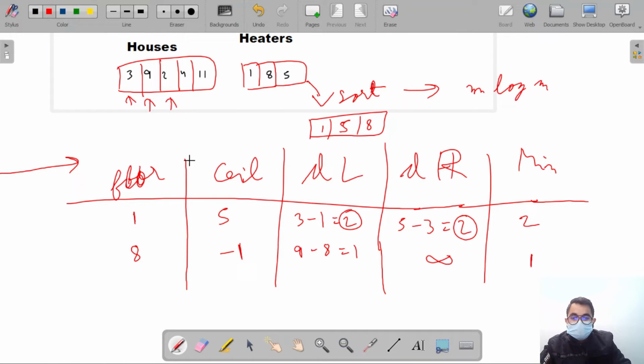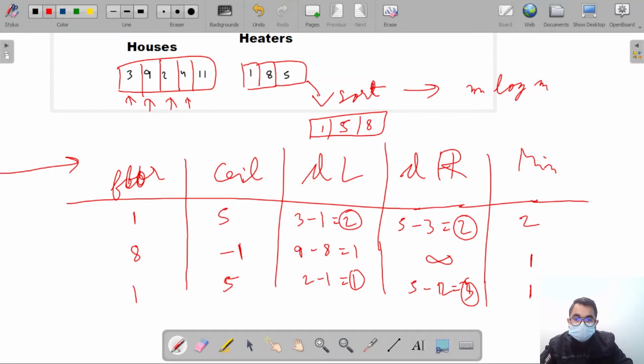Now I'm checking for house 2. Floor will be 1, ceil will be 5. The distance from the left will be 2 minus 1, which is 1, and 5 minus 2 equal 3. So the minimum distance between 1 and 3 is 1.